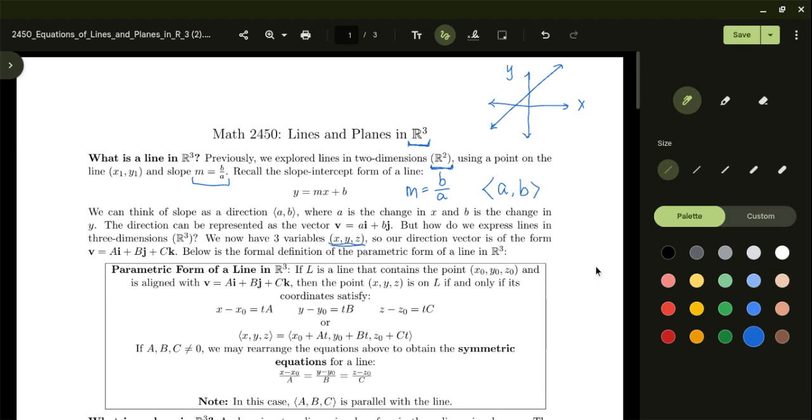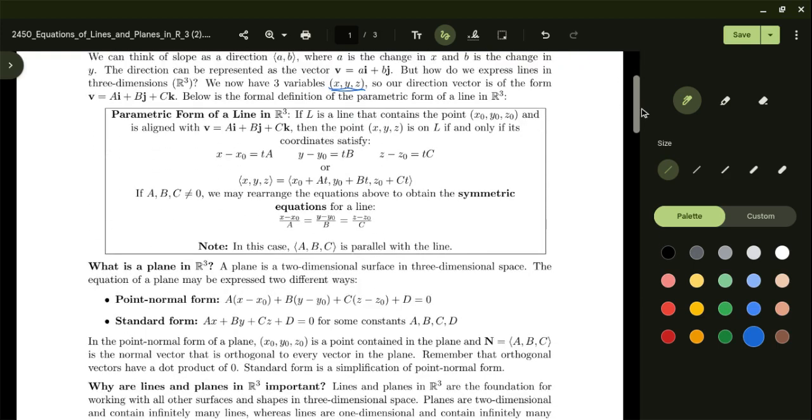And so now our directional vector is also going to have to be three dimensions, have an x, a y, and a z component. And that's shown here in this vector v. So i is the direction of x, j is in the direction of y, and k is in the direction of z. And so we're going to be working with the parametric forms of lines in three dimensions.